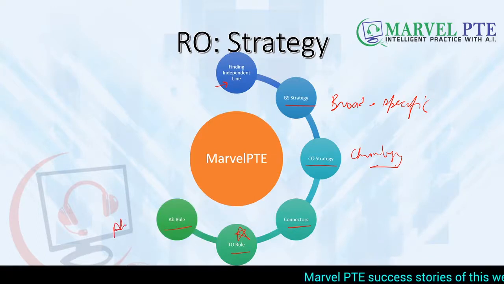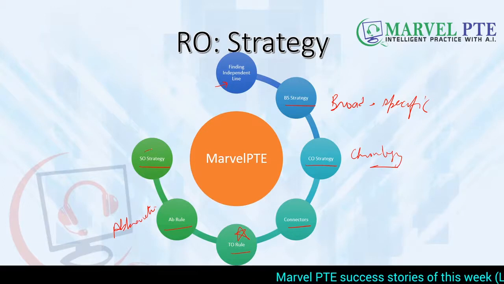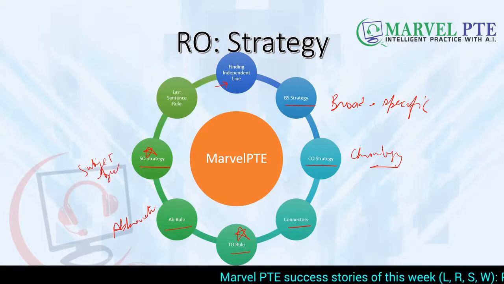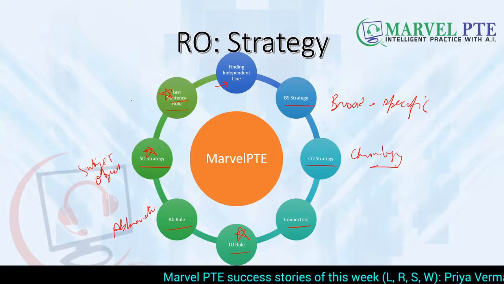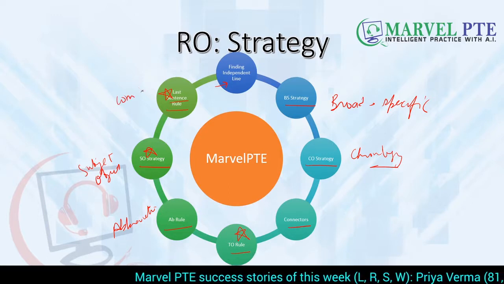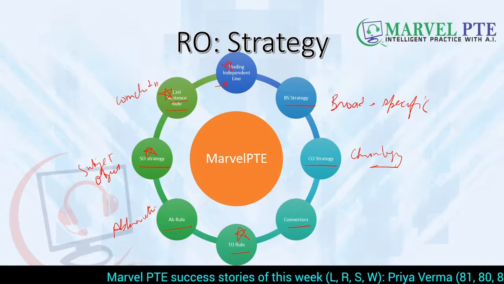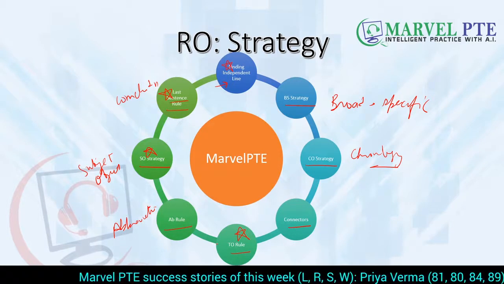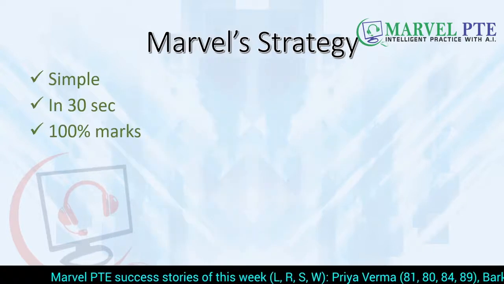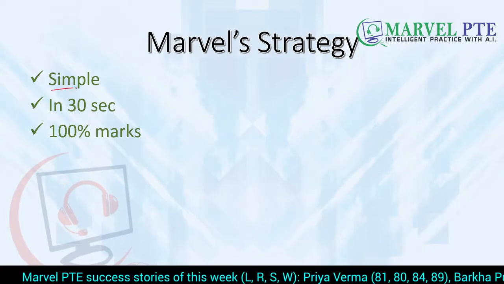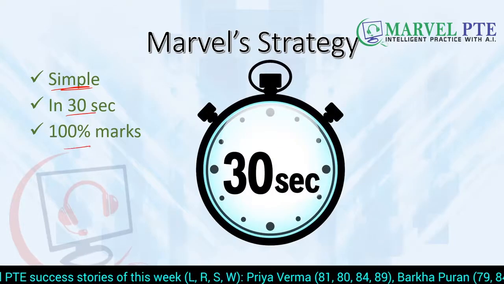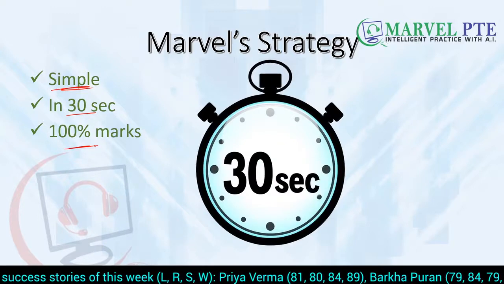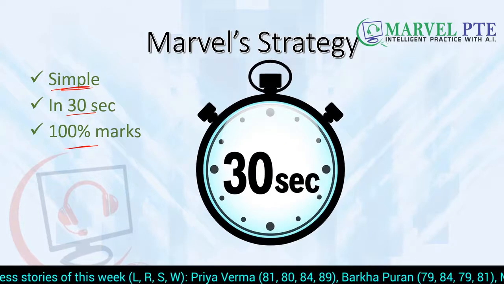AB is the abbreviation rule, and then the SO strategy, we have seen its implementation today, which is subject object strategy, and then the last sentences rule, we have seen its implementation also, so that we could find the concluding line. So you saw today we have applied four strategies from our strategies to solve the reorder paragraphs correctly. These are simple strategies, and in just 30 seconds, you will be able to get 100% marks if you know the strategies and can apply them correctly.